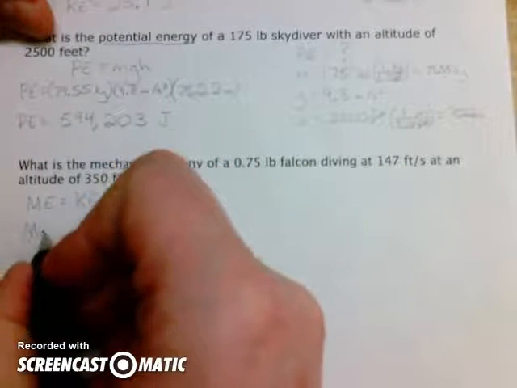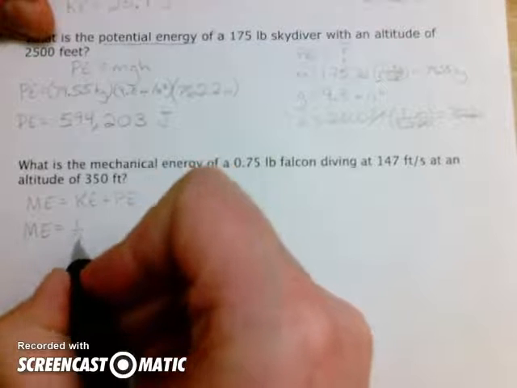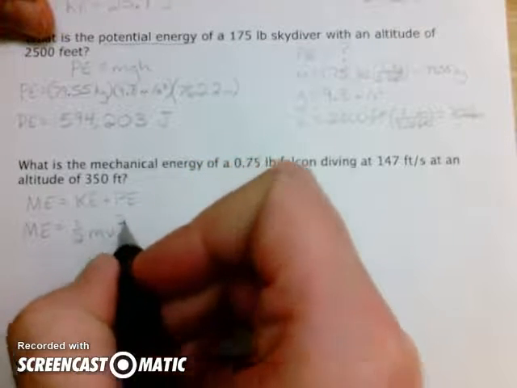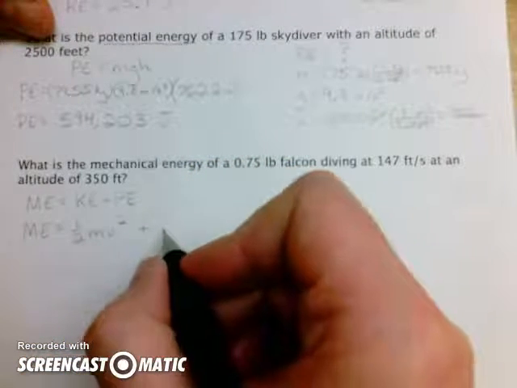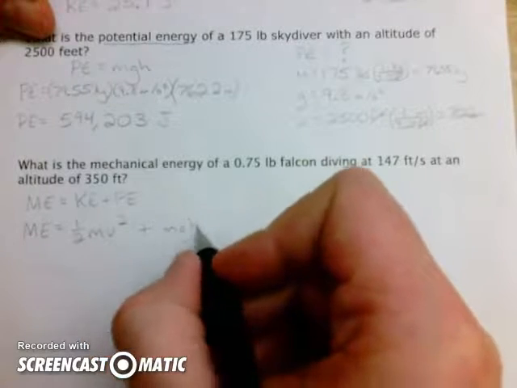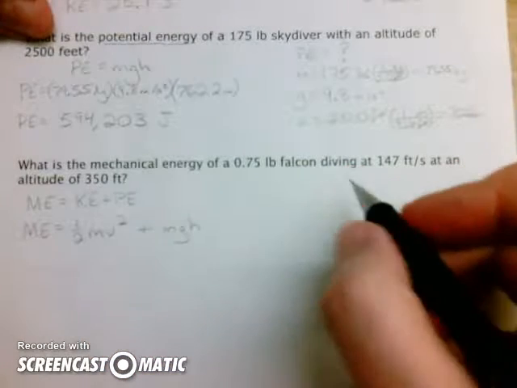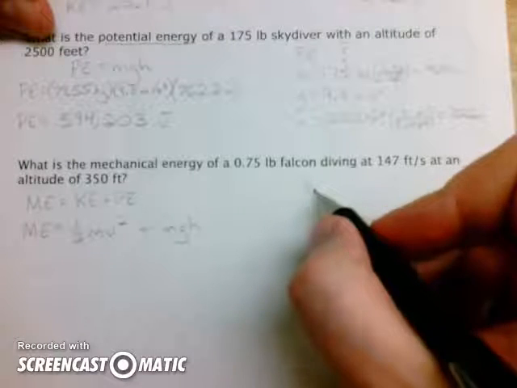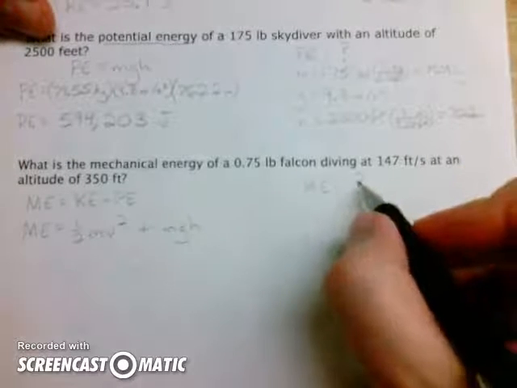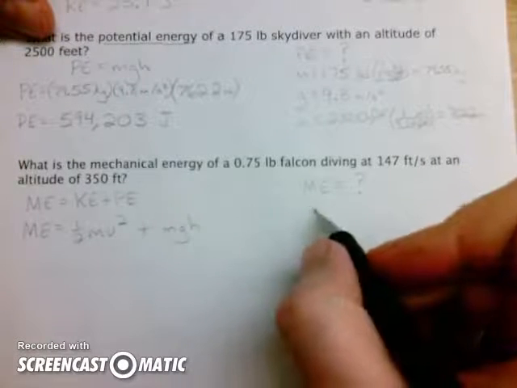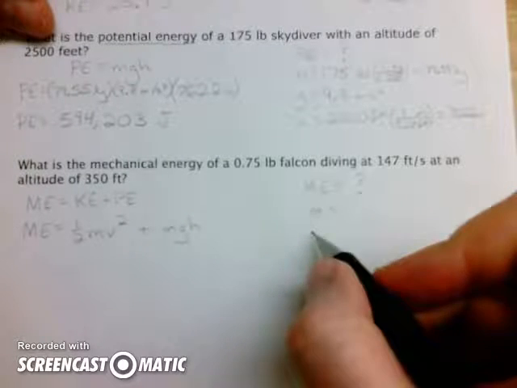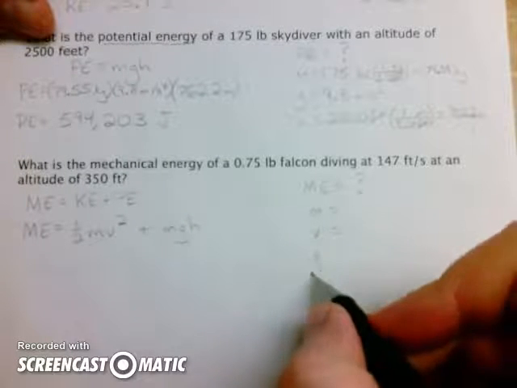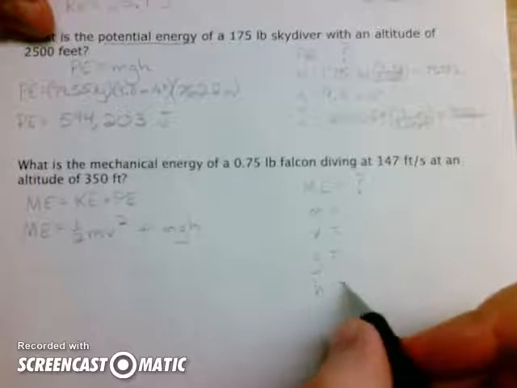ME equals the kinetic, which is 1/2 mass times velocity squared, plus potential energy, which is mass times gravity times height. Over here I'll write ME for what I'm trying to find, question mark, then mass, velocity, need to know G, need to know H.